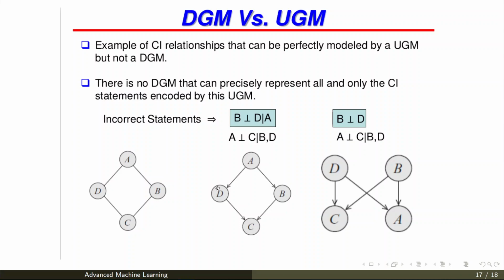Some of the independence relations in the graph: A is conditionally independent of C, right? A is conditionally independent of C given what? Given B and D, right? Similarly, B is conditionally independent of D given A and C, right?